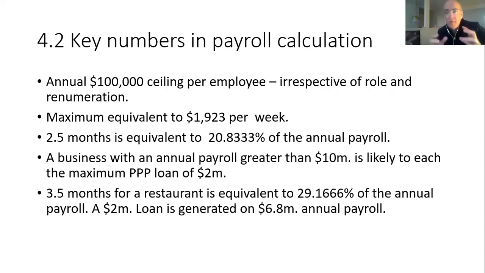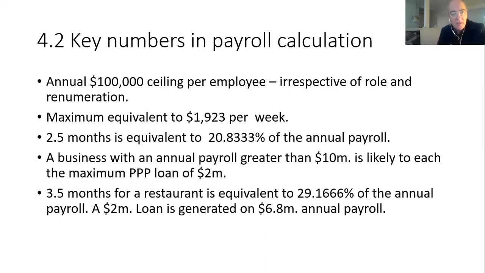Now, as a rule of thumb, $100,000 is the equivalent of $1,923 per week. And 2.5 months of payroll, which is the crucial bit of calculation, is the equivalent of 20.833% of the annual payroll. A business with an annual payroll greater than $10 million is likely to secure the maximum PPP loan of $2 million.